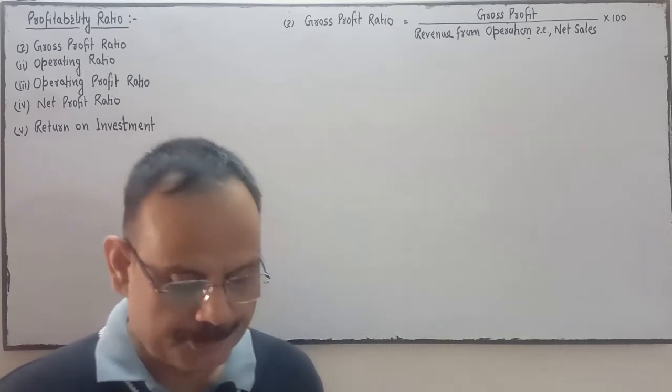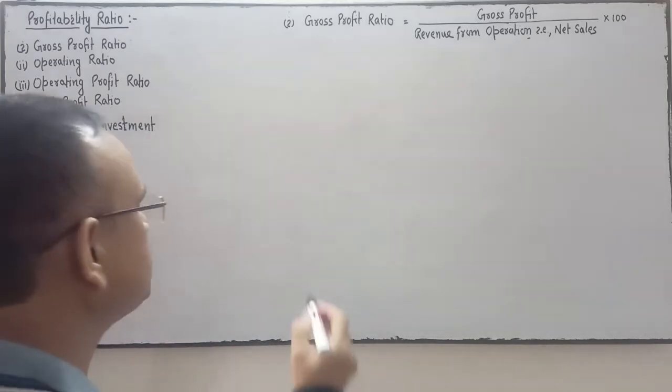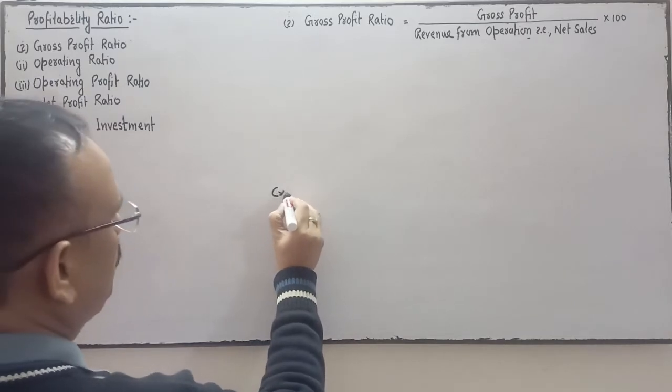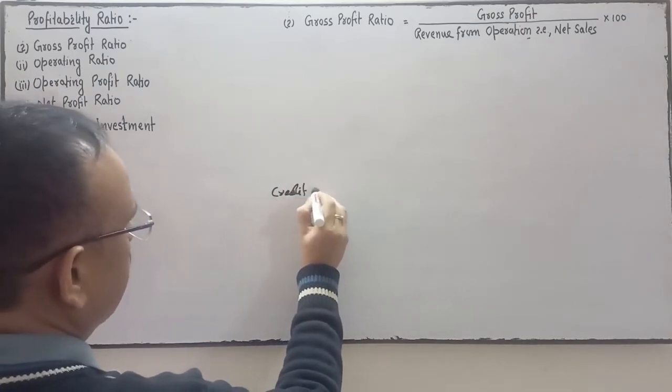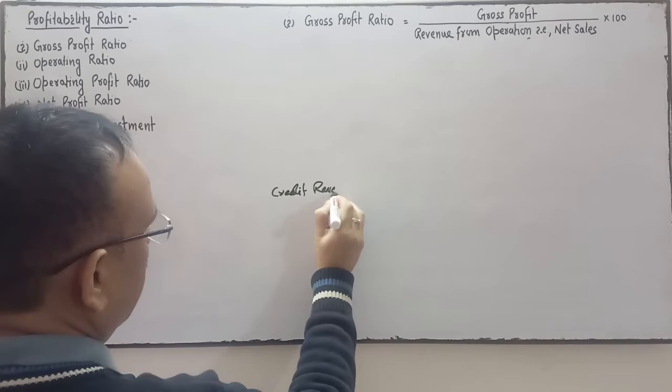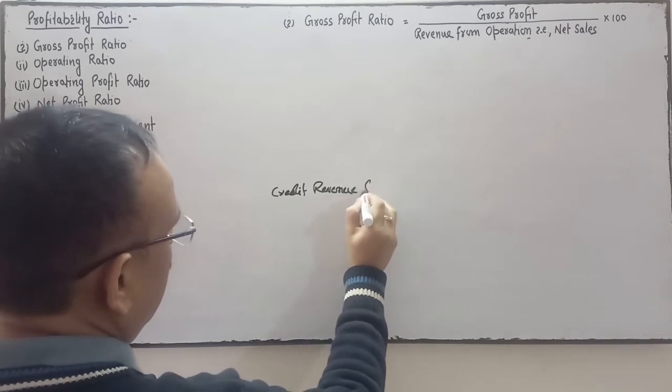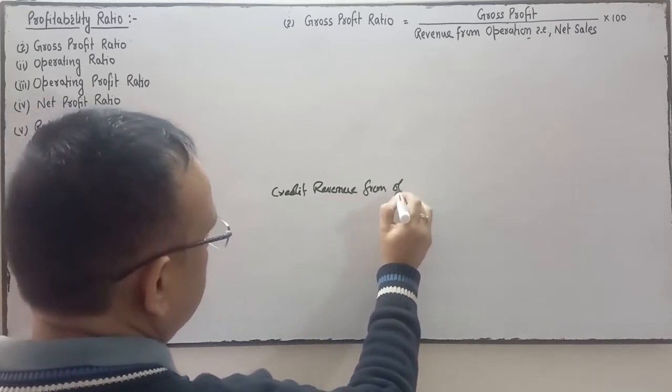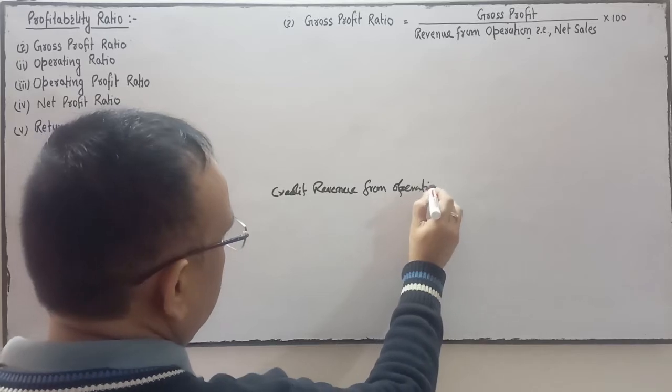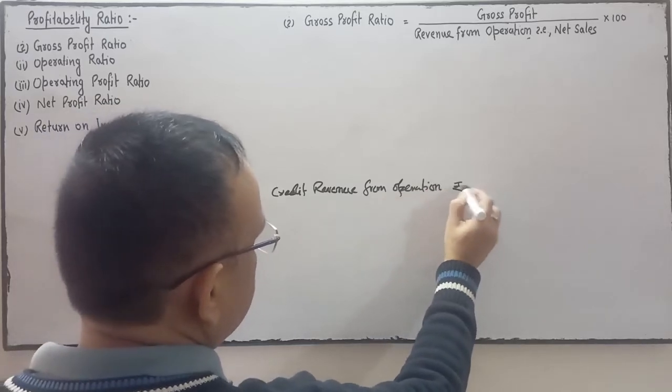If the credit revenue from operation is 4 lakhs.